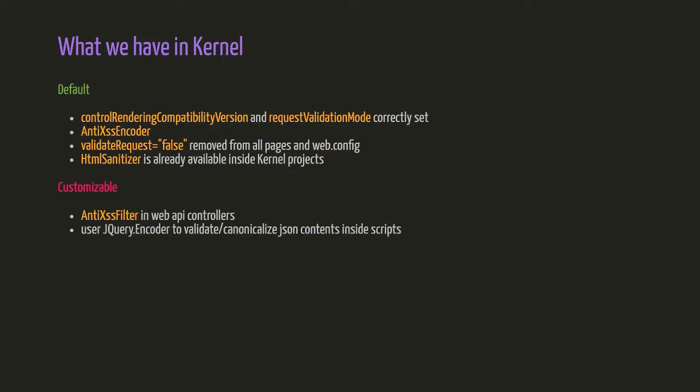And if we plan to use Web API, we also have an implementation of anti-XSS filter attribute for Web API controllers. And we have the possibility to use jQuery encoder to validate and canonicalize JSON contents inside the scripts.